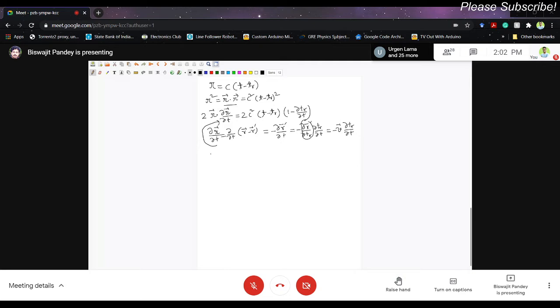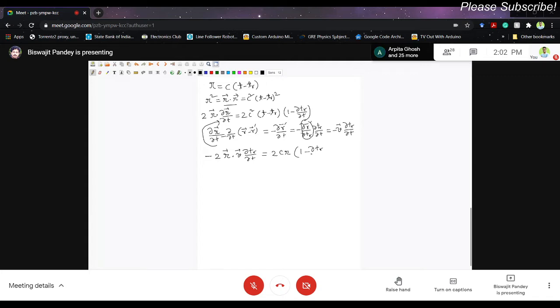So what we get? We get the minus sign: minus twice r dot v del tr del t equal to twice c into (t minus tr), and c into (t minus tr) is r. So I can write 2c r, with one c separated out, into 1 minus del tr del t.